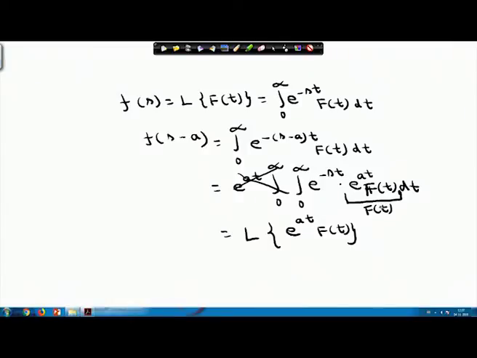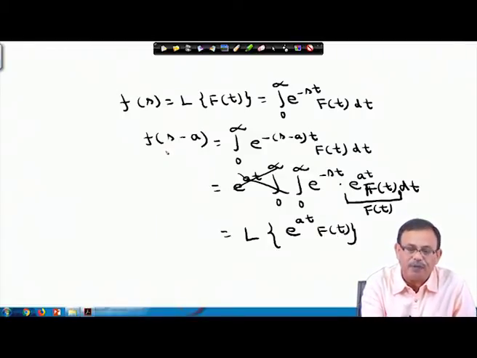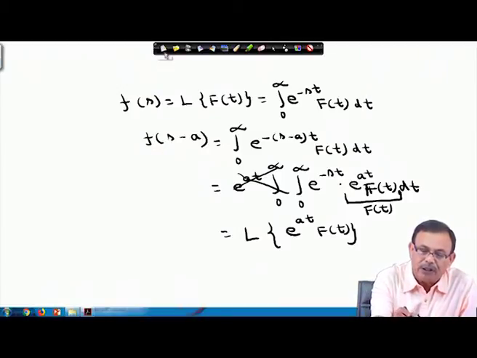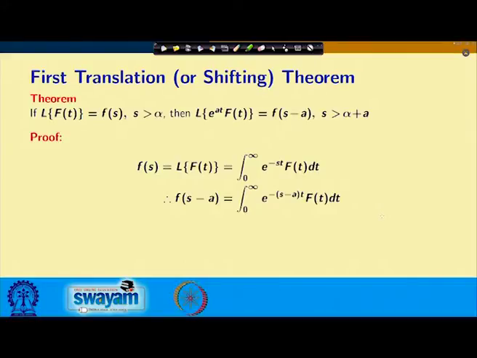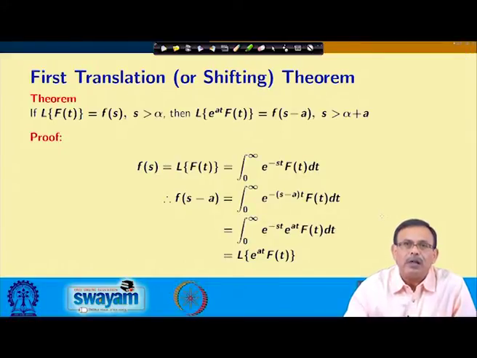So, therefore, this completes the proof that if the Laplace transform of f(t) is F(s), then the Laplace transform of e^(at) f(t) is F(s - a). So, let us see now again just the same thing we are showing by this one, and this completes the proof.